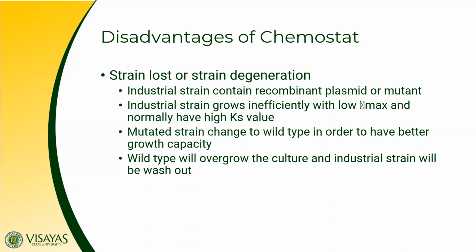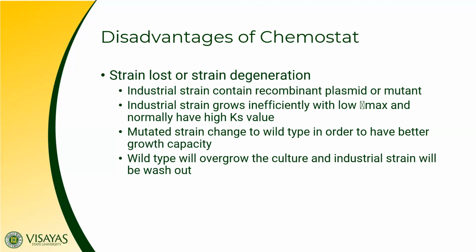So there is also a risk factor that it will produce a mutation. The industrial strain grows inefficiently with a low specific growth rate, and also has a KS value, but I forgot it, I will search that later. So the mutated strain changes to wild type in order to have better growth capacity.